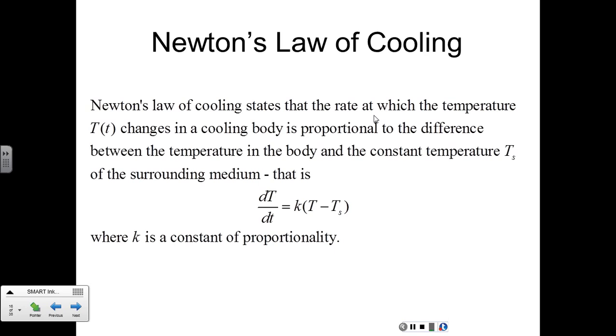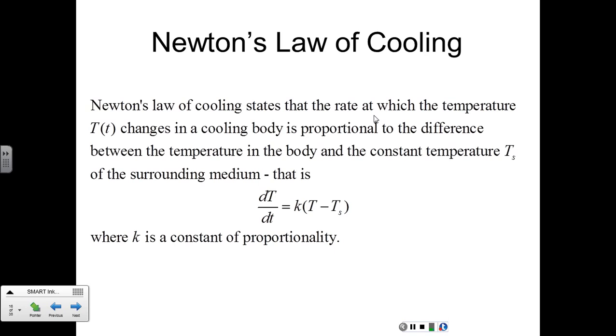For example, if I took a cake out of the oven and set it in this room, which the air conditioner is working pretty well right now, that cake's probably like 350 degrees or so, okay? And I sat it down here on this desk. If this room is around 72, 75 degrees, how long is it going to take before the cake becomes 72 degrees? That is the kind of situation you're looking at with Newton's law of cooling.